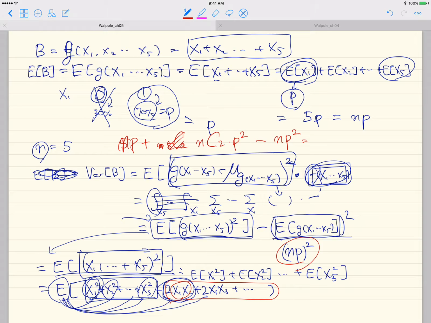Then we change 5 to n, so np plus, what is this? n times n minus 1 over 2 times p squared, minus np squared. Okay? And then after we derive it, it will be equal to this.